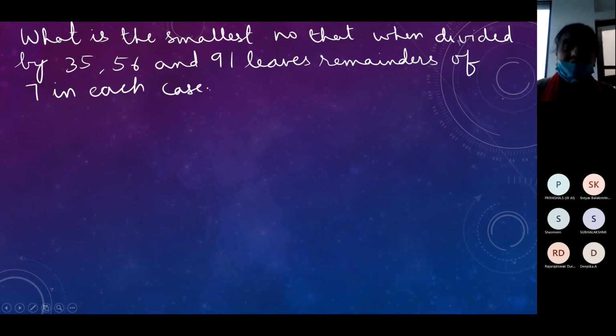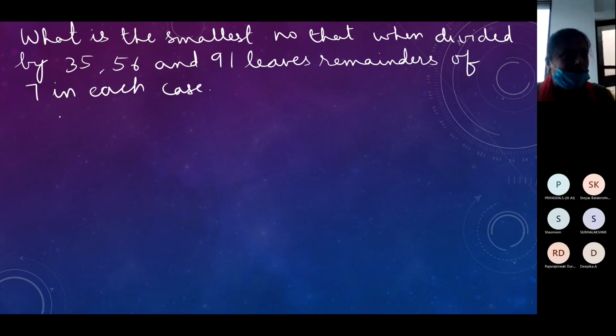What's the smallest number when divided by 35, 56, 91 leaves remainders of 7 in each case? Divided. So again, LCM it is. That number when divided by these numbers. What is the smallest number when that is divided by 35?